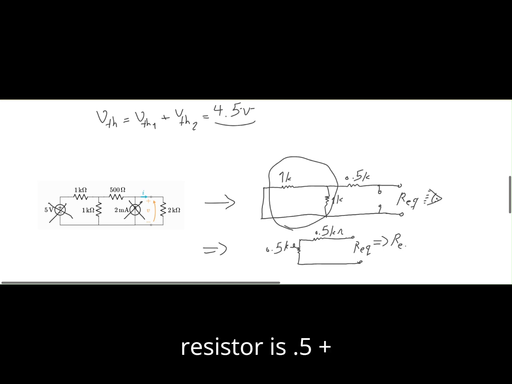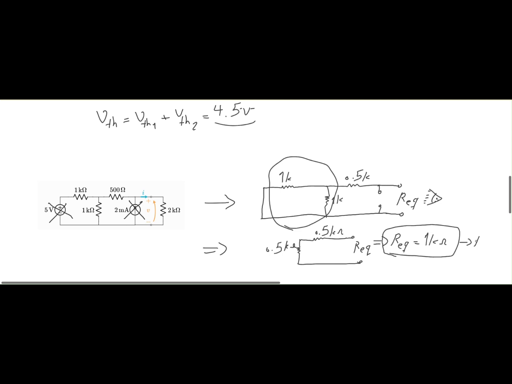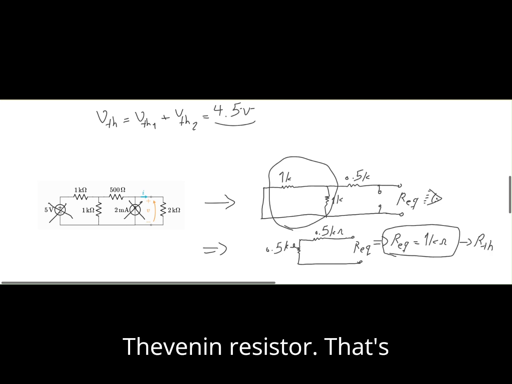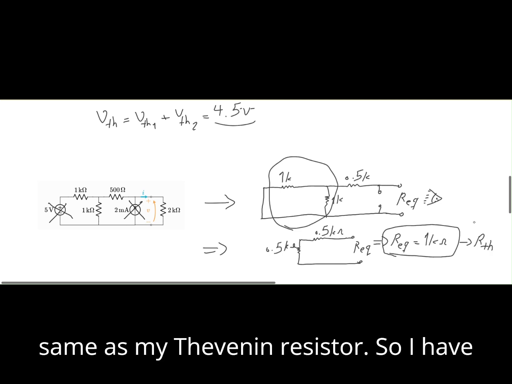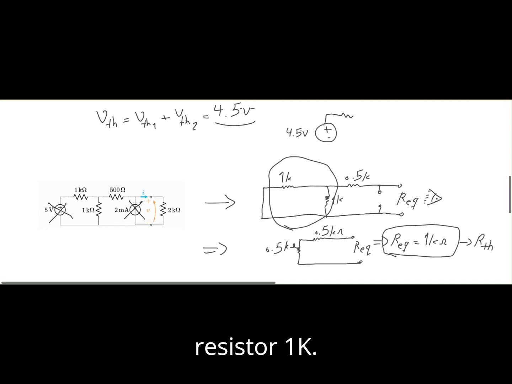My equivalent resistor is 0.5 plus 0.5, which is 1 kilo ohm. This resistor is also known as the Thevenin resistor. So I have 4.5 volt, that's my Thevenin voltage, in series with a 1K resistor.